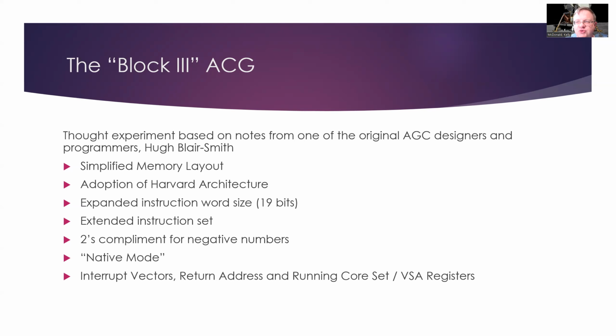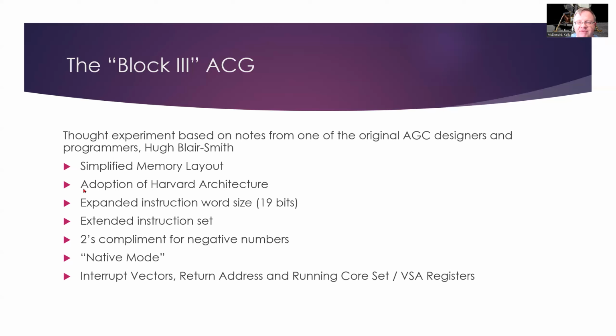You basically treat it as 2 separate pieces of memory, which in some ways makes sense because the sizes of the memory are actually quite a bit different, right? So we've got 2048 words of erasable memory, and then 36,000 words of ROM memory. So if you start addressing that memory directly, the number of bits that you need for an address register is going to be different for fixed versus erasable.